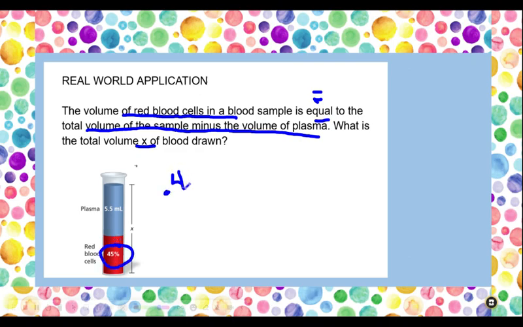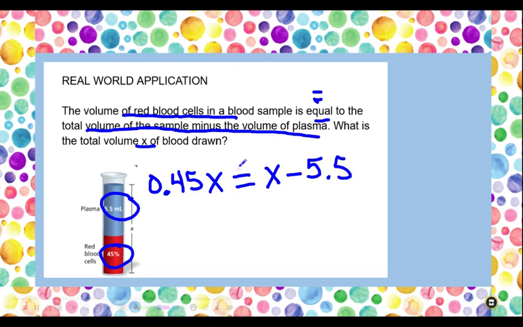Let's change that to a decimal, 0.45, and give that an X. It's going to be equal to the volume of the sample, which we don't know, minus the volume of the plasma, which is right here, 5.5 milliliters.